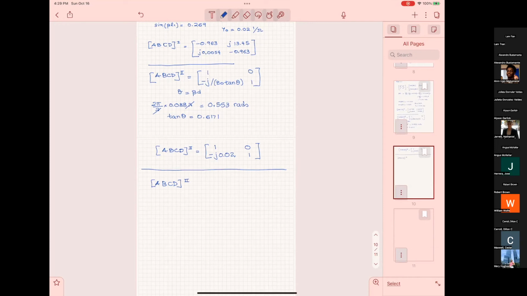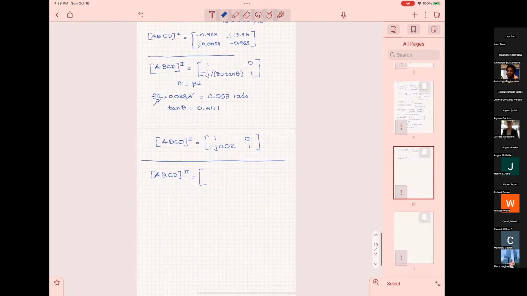Okay, and the last one is the other section of a line. Now to find that, which is the same as above, let me rewrite it: cosine beta LS, j Z naught sine beta LS, j Y naught sine beta LS, and cosine beta LS.